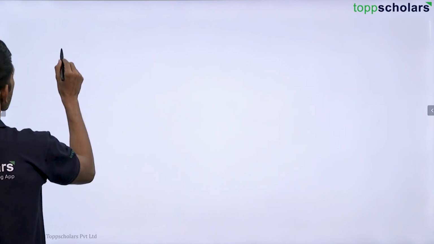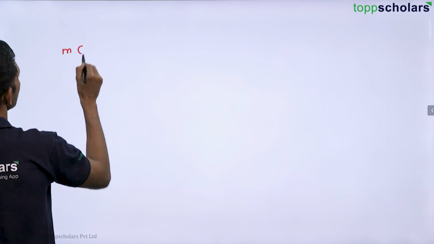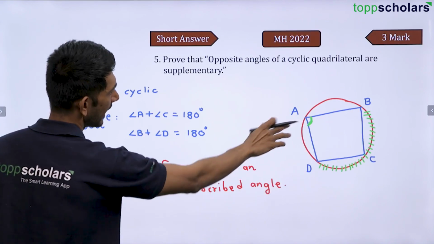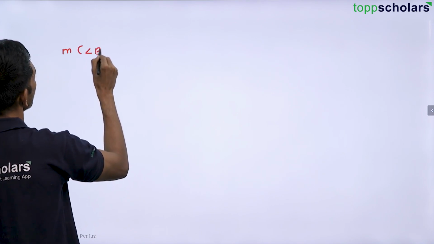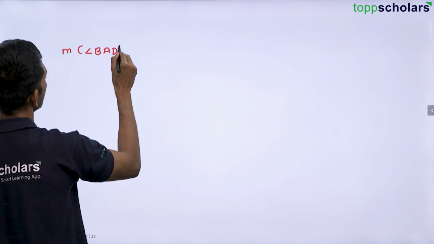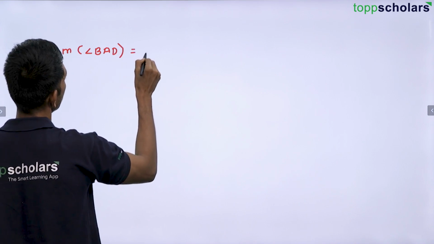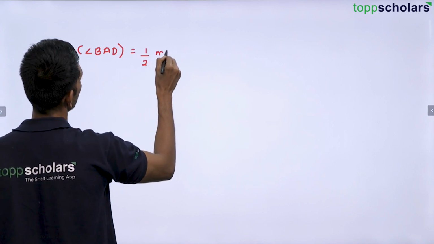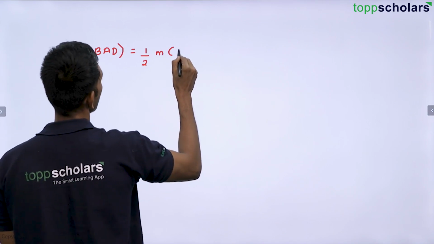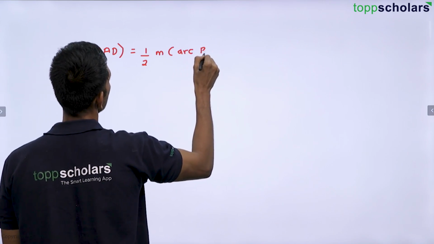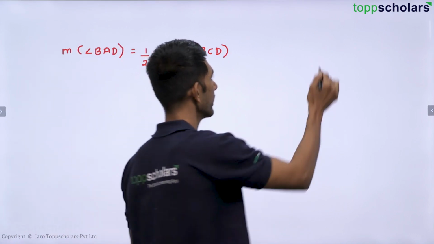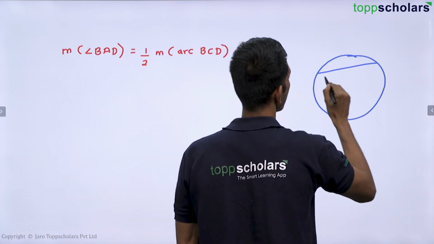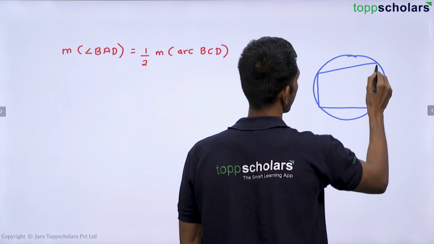So can I say measure of angle BAD is equal to half of measure of arc BCD. So if you see our figure, here we had a cyclic quadrilateral, correct?